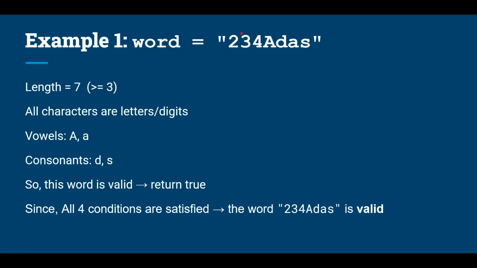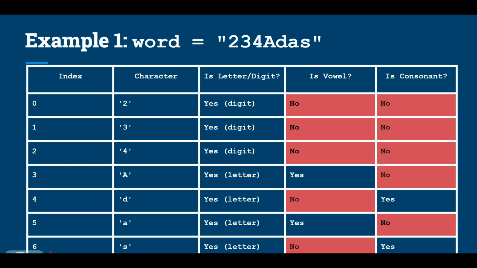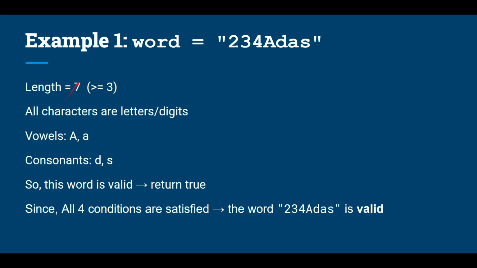And then we'll check what length we have found. The length is currently 7 because we have gone from index 0 to 6, so the size is 7. The very first condition says its length should be at least 3, so yes, that rule is valid. Then it says all characters should be letters or digits. Yes, so the second condition is true.